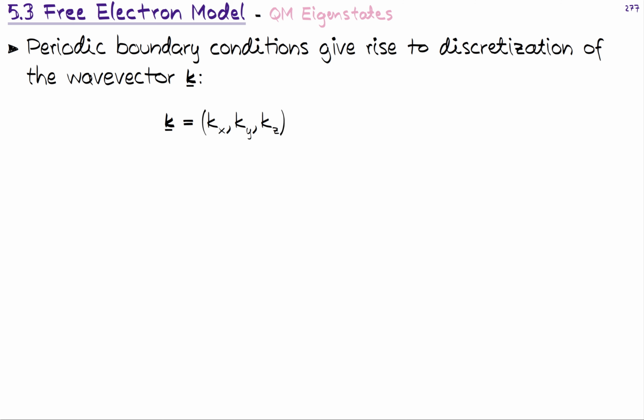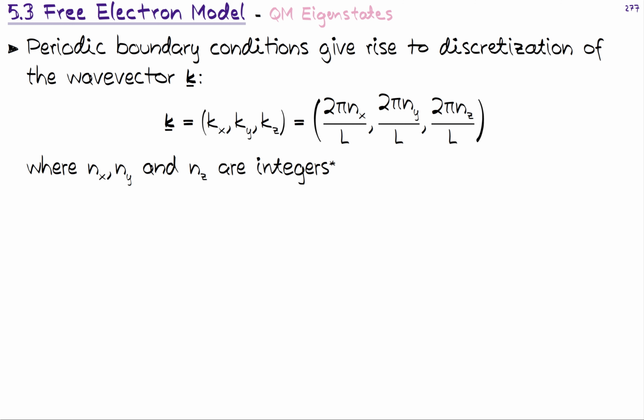And here, because of the periodic boundary conditions, this k wave vector is being discretized. So it can only get very specific values that are 2 pi nx divided by L, and nx, ny, and nz are the integers that describe the state and the energy of our system.